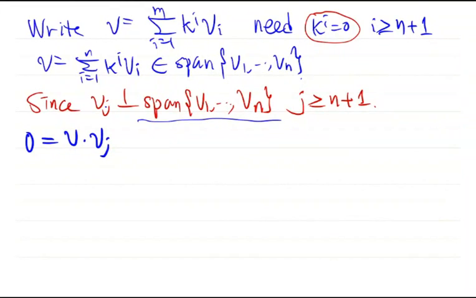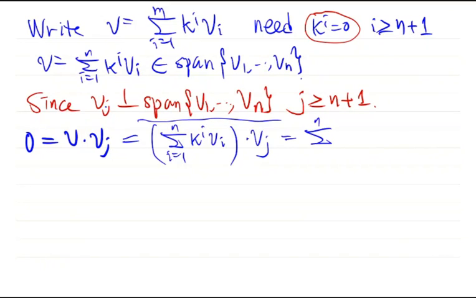But this inner product we can compute explicitly. That is, the sum over i from 1 to n of ki vi, then vj. Of course, this is the sum over i of ki times the inner product of vi and vj. But sorry, this is m. V is the sum over i from 1 to m, not n. So this result is kj. Why is this kj?